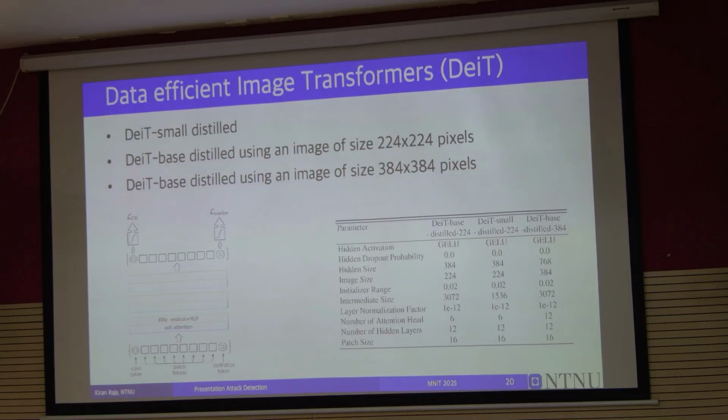You can see that the hidden activation is GELU, which is another variant of activation layer, and then you have the size which is 224, 224, and 384, which means your image can be up to 384 pixels. And the rest of the parameters are very similar, right? So the number of attention heads are 6, 6, and 12, and in this case 12, 12, and 12, and the patch size is 16, 16, and 16.